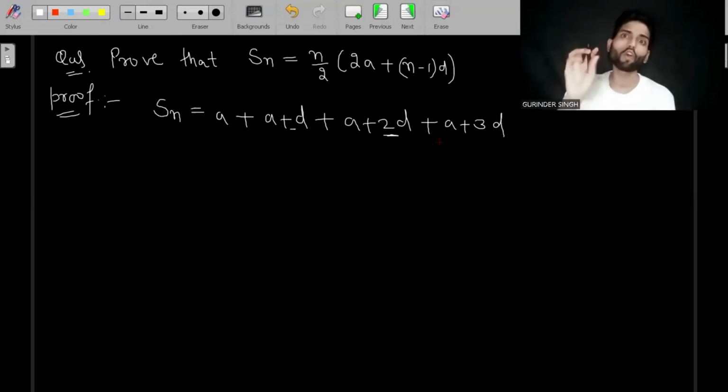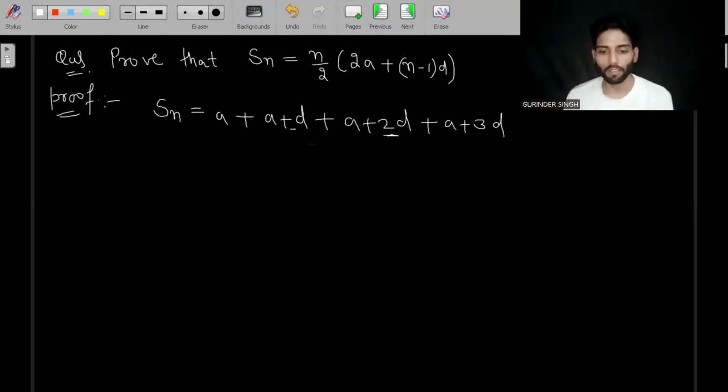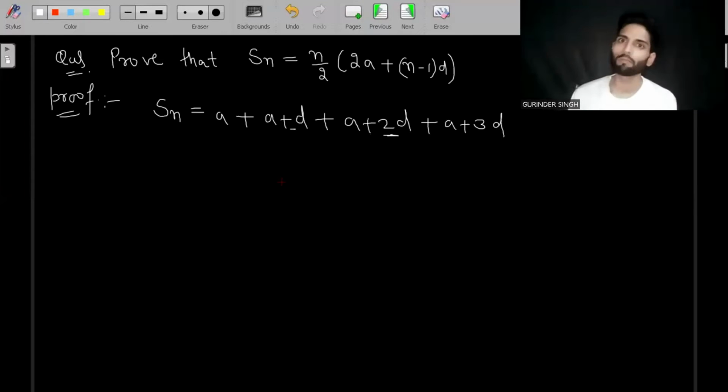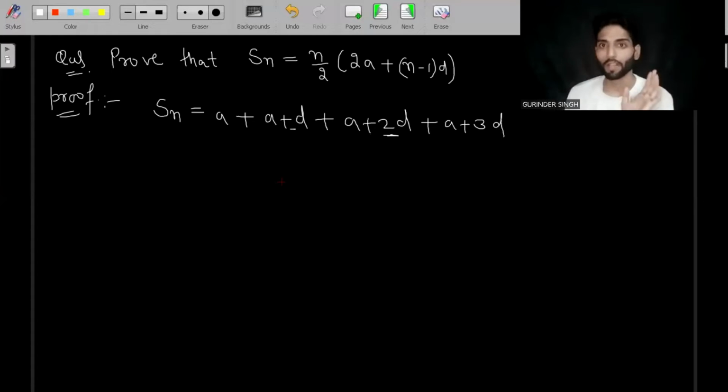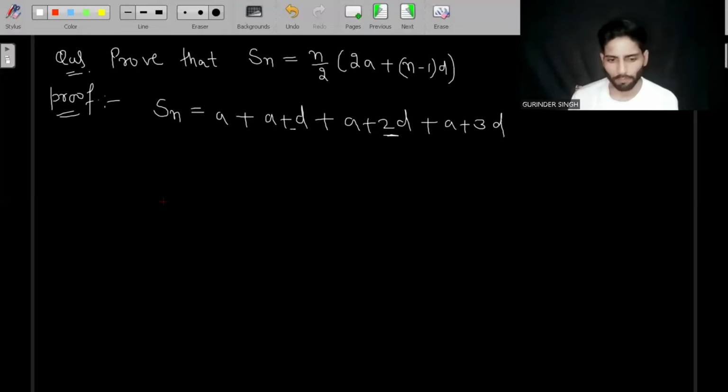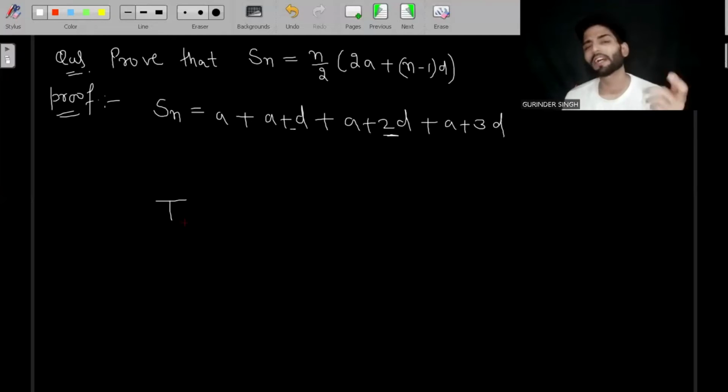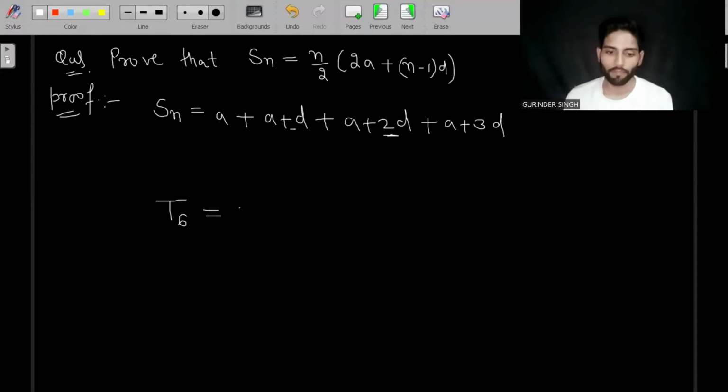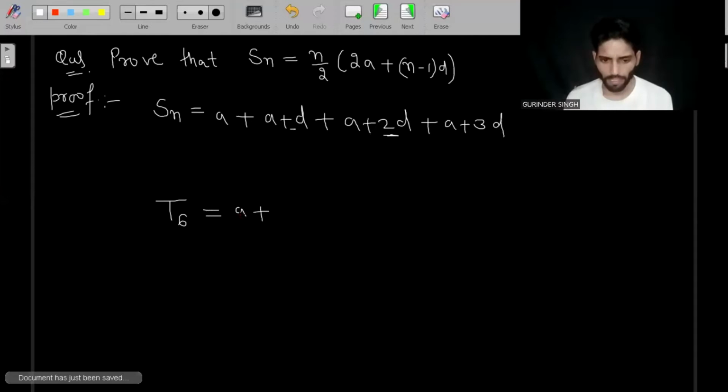Let me tell you one common mistake of the students. Many students every year in CBSE or Punjab board or any state board make this mistake again and again. Just note it down. I will not make this mistake ever in my life. If in the examination they tell you to find T6, the common mistake is that students write a plus 6d.